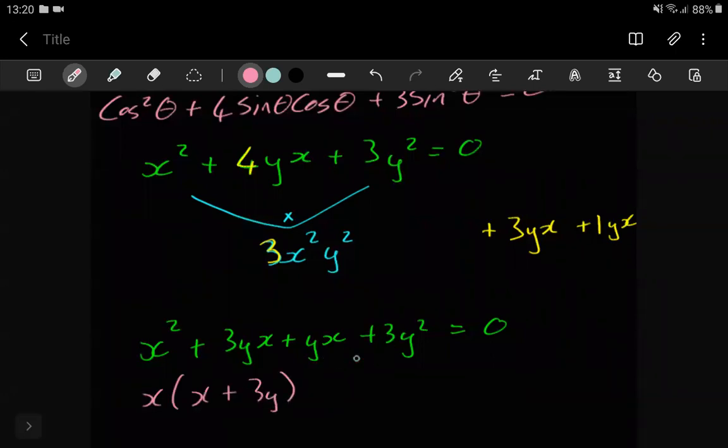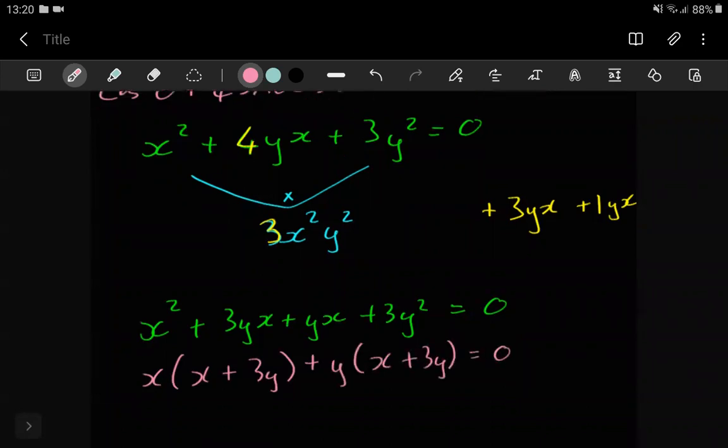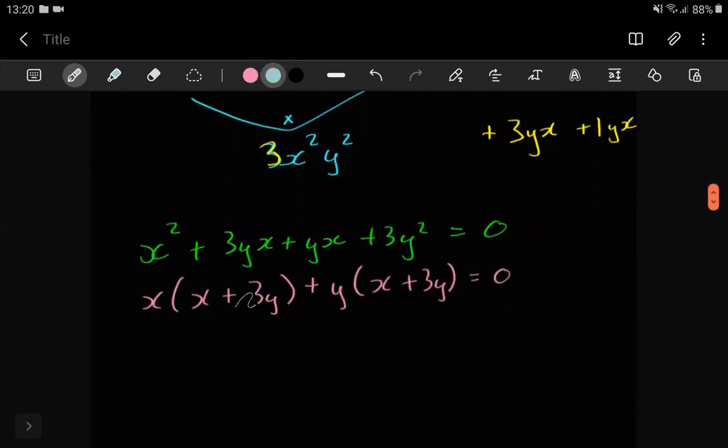Here you can do the same. The common factor here is a y, so this is y, and then this is 3y, equal to 0. If you look nicely, you see the x plus 3y, and here also x plus 3y.